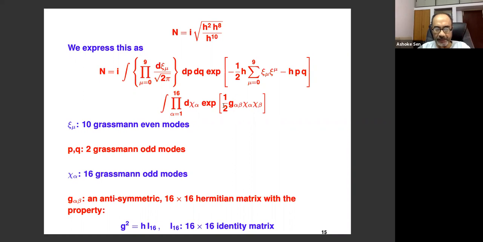This will be like the analog of the Dirac operator, or the zero mode of the Dirac operator in the Ramond sector. That's why you have G squared related to h. So this gives a Pfaffian of G, which you can show is square root of h to the 8. So this is again an identity. Nothing has changed. Everything is finite. It's just an identity that you have written.